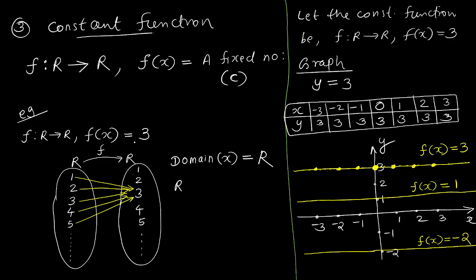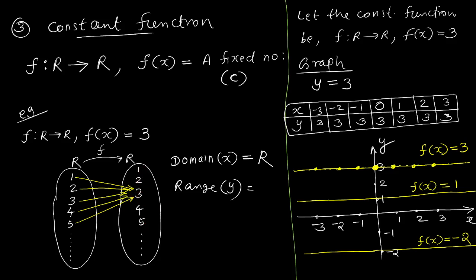Range. I am talking about the domain and range of this particular constant function. Range is the set of values of y. What are the values of y? That is range. For this particular constant function, the value of y is always 3. Y does not take any other number. Y takes only this value, 3.